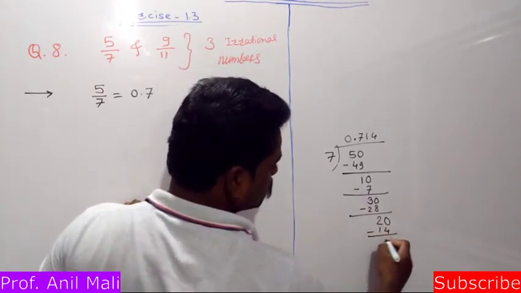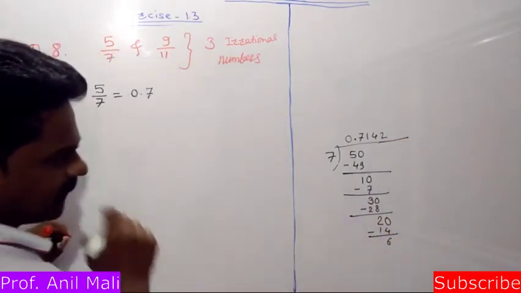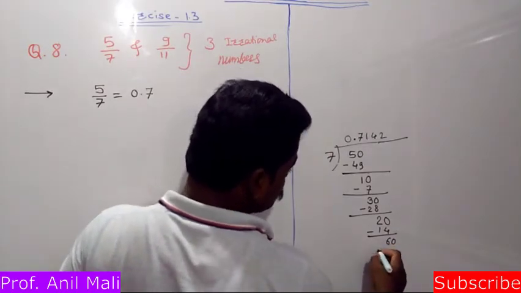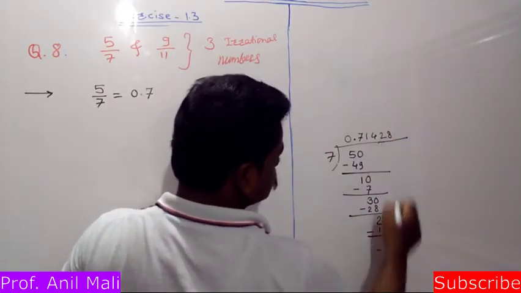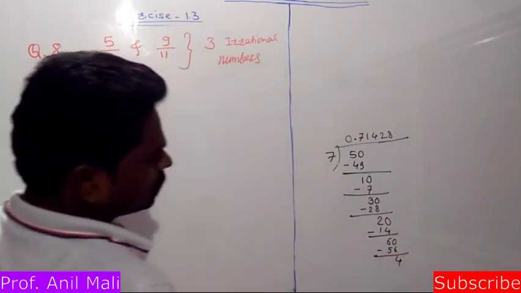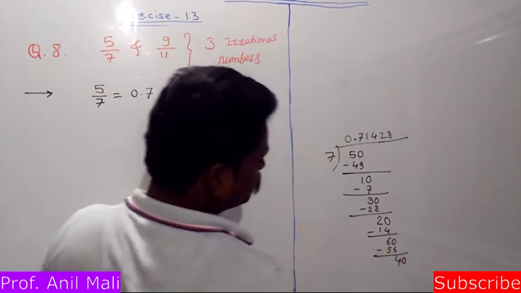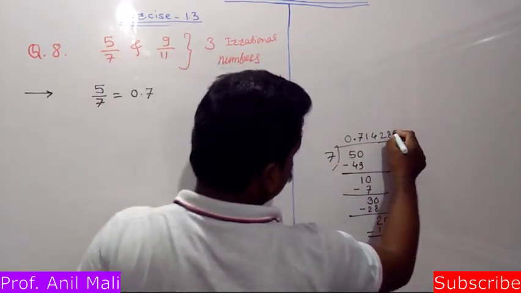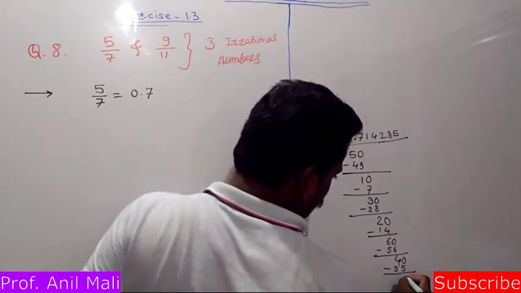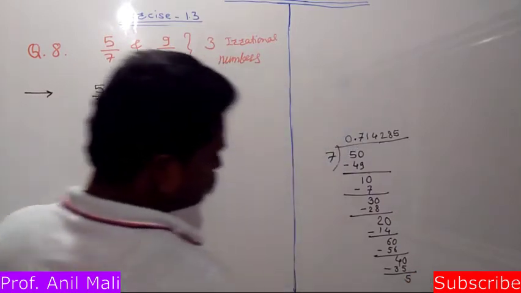We are left with 6 as the remainder. Then it becomes 60. 7 eights are 56. We are left with 4. So 4 means 40. 7 fives are 35, minus, and we are left here with the remainder 5.